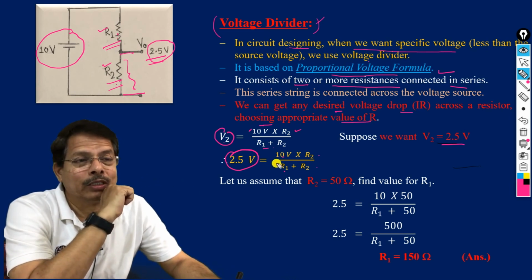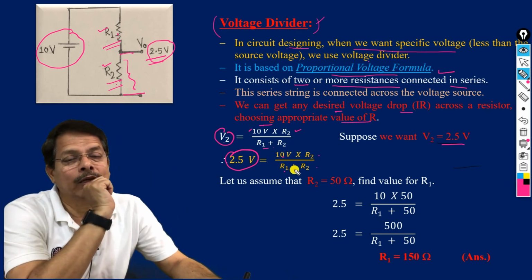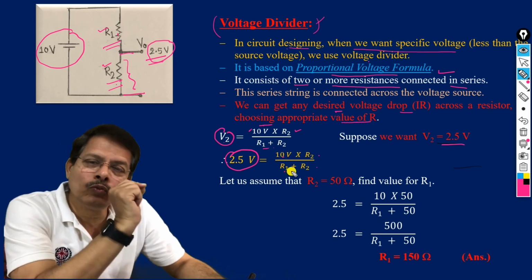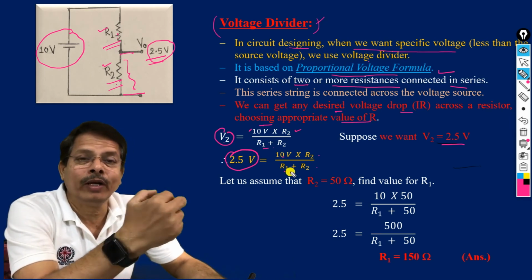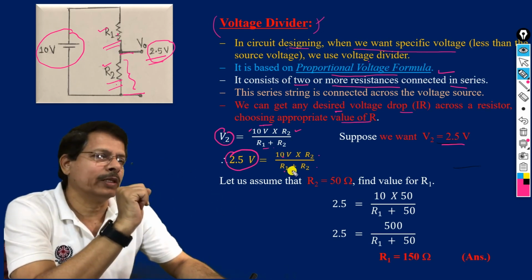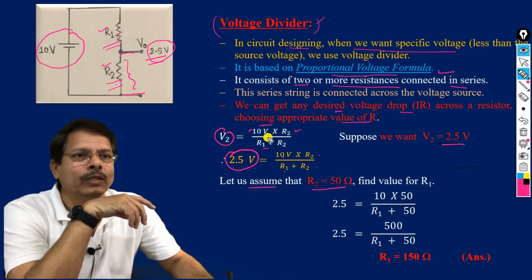It is a simple equation, but we have two unknowns, R1 and R2, so you cannot get exact values. For that there is one solution. You assume one resistance of any desired value and then find the other, and that combination will give exactly the expected voltage. So let us assume R2 to be 50 ohm.